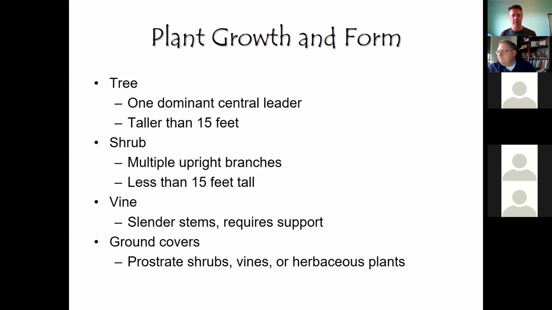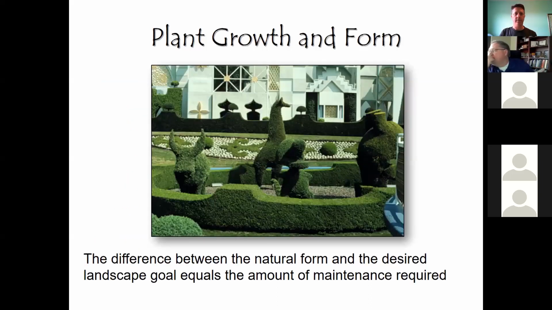So the lines have been blurred a lot between some of these sections, especially with the breeding that the industry has done over the last 2 or 3 decades to try and make plants genetically dwarfed so that they fit into smaller yards and onto patios and those kinds of things, since the typical home landscape is becoming smaller.